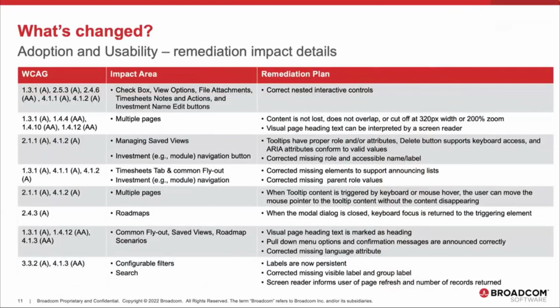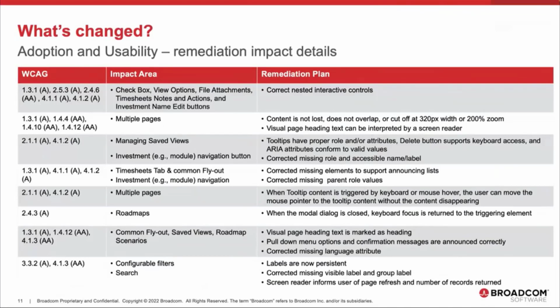So I'm not going to go through the whole slide in detail. This table can serve as a reference for Clarity administrators or users. For example, the last item in the table is another example of work that ensured the screen reader can properly announce a page refresh is occurring and the number of records returned when search criteria is entered by the user.